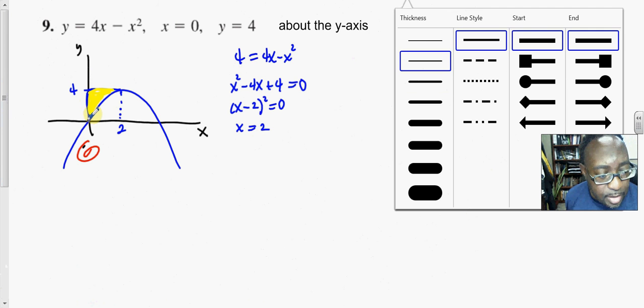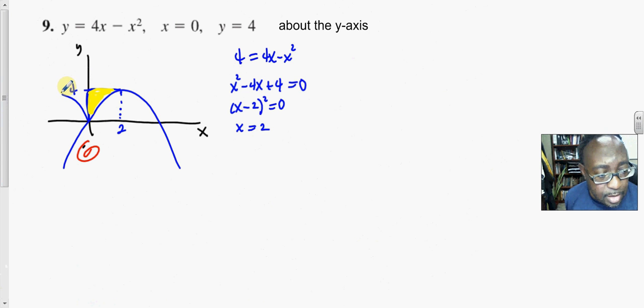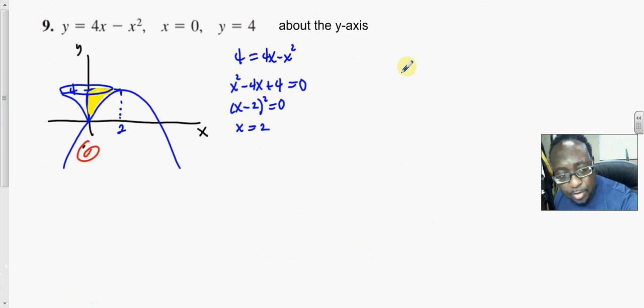And this guy that you're actually calculating is that piece, right? The axis of revolution is the y-axis.